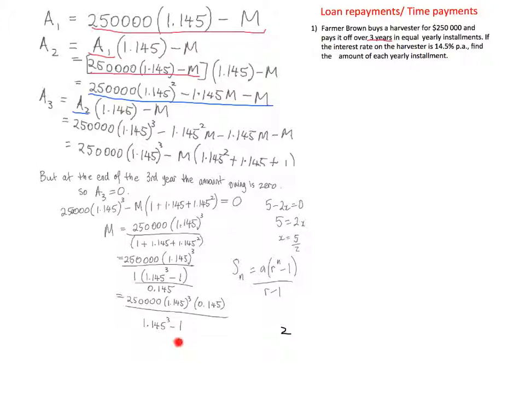So now you can just put that in your calculator. You get m, the amount of each yearly instalment, which becomes $108,587.44. And that's how much Farmer Brown needs to pay every year to pay off his harvester in 3 equal yearly instalments. Okay, let's have a look at another example.